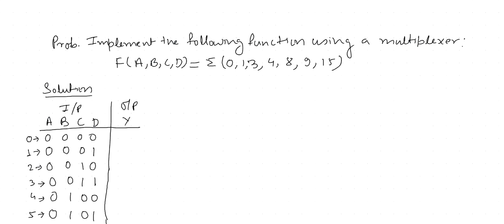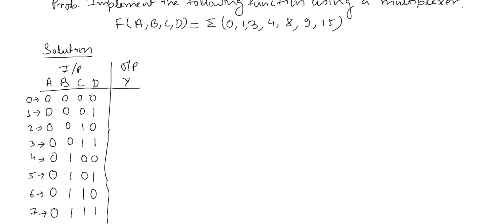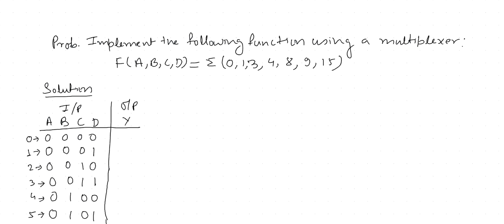Now from the function we can see here at the place 0, 1, 3. This is min term. Min term means it is 1. So at the place 0, it is 1. Then at the place 3, it is 1. At the place 4, it is 1. At the place 1, it is also 1. After that, 8, 9, 15.